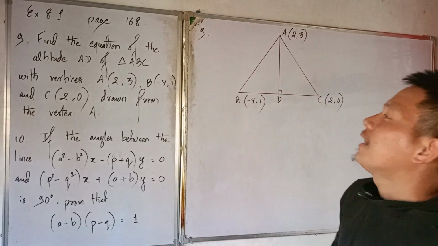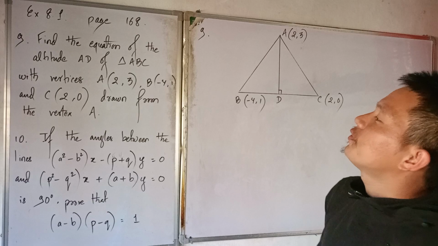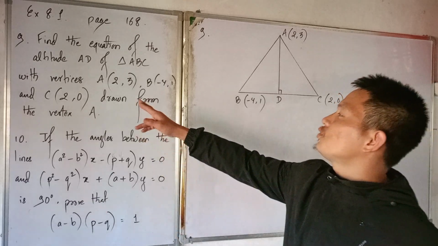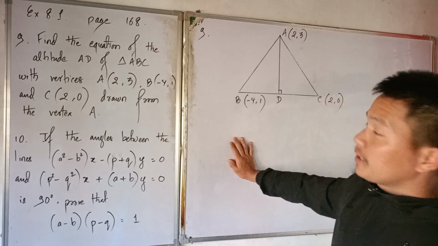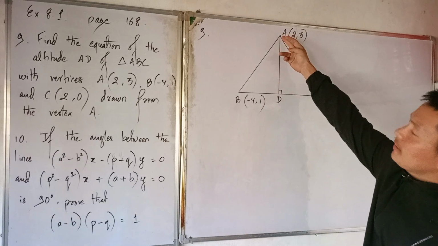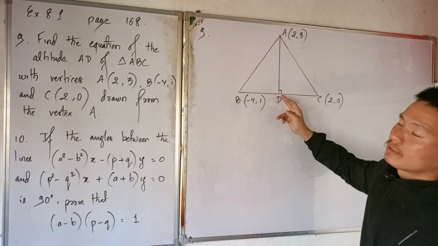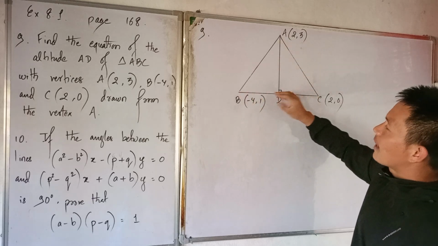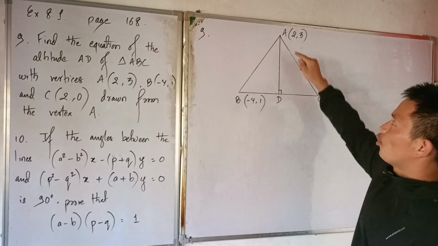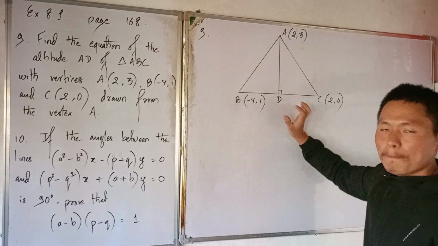Find the equation of altitude AD of triangle ABC with vertices A (2, 3), B (-4, 1) and C (2, 0). From the vertex A, the altitude is drawn, which is perpendicular to BC. AD is the height of triangle ABC, so AD must be perpendicular to the base.